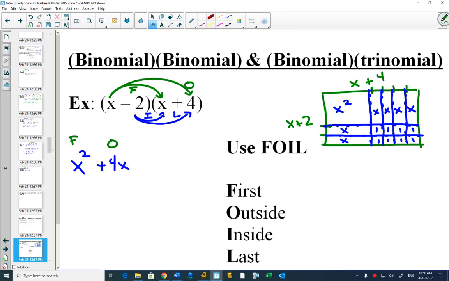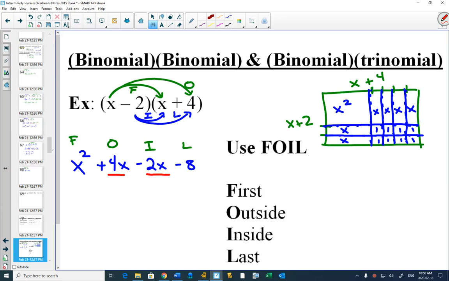Those are my outside ones. If I multiply my inside ones, I get negative 2x. Those are my inside ones. And then my last ones, negative 2 times 4, would be negative 8. Those are my last ones.